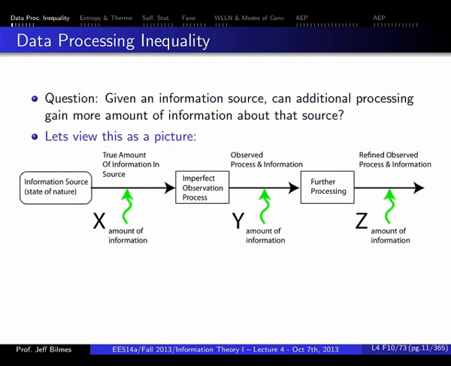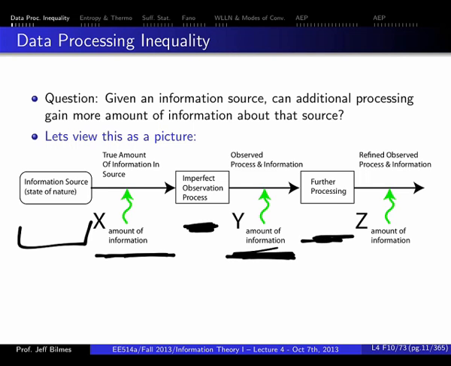So let's use this as a picture. We've got an information source here, right? And there's some amount of information there, so there's the entropy or something, and we have, let's say, some imperfect observation process. So we observe it. We have sensors, cameras, pictures, video, radar, and we observe some information in random variable y, and then we do additional processing.